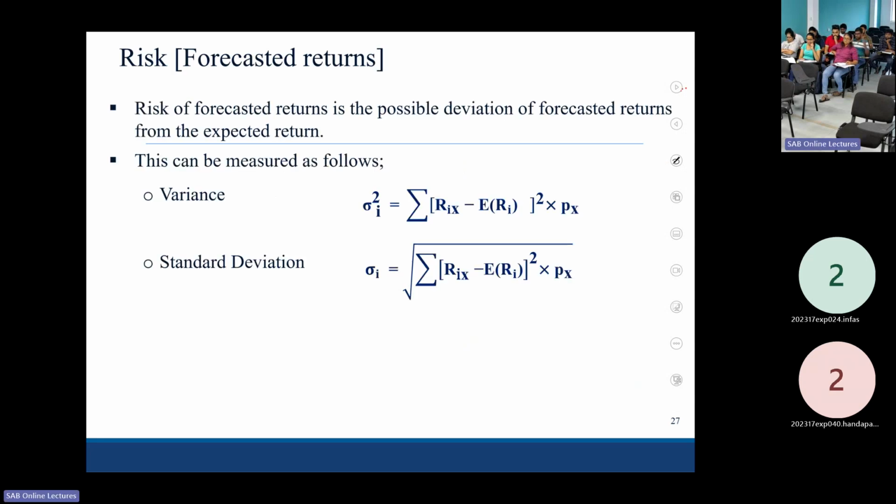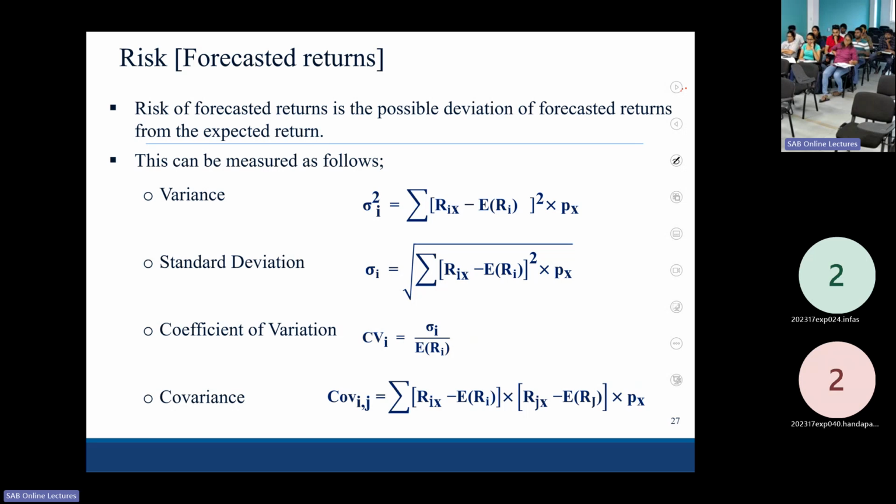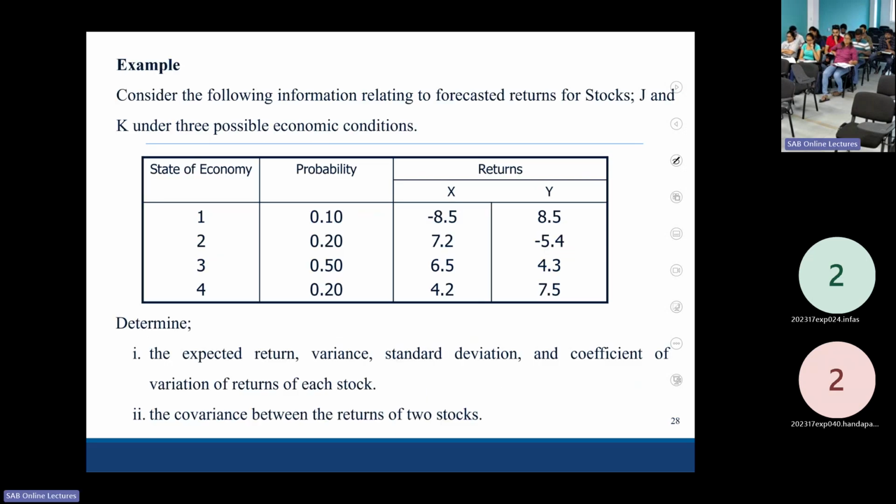Before going to the next part, let's look at this one. You are given 2 stocks, X and Y, and 4 states of economy, 1, 2, 3, 4.